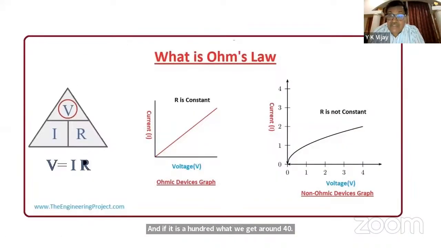The relationship between the voltage and current is non-linear. In a certain range, when we talk about delta V by delta I, it's linear, but in a long range, it's non-linear.